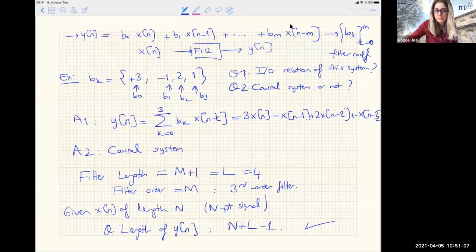Okay, so let's get started and wrap up with a new topic, by the way. New topic meaning a subtopic of these properties of linearity and time invariance. So let's continue.